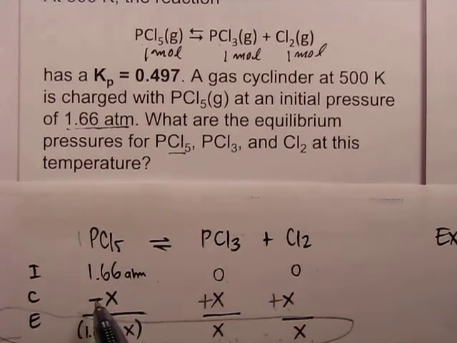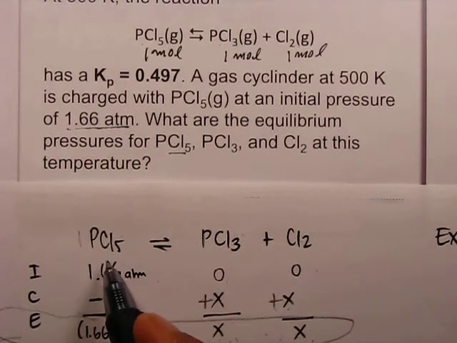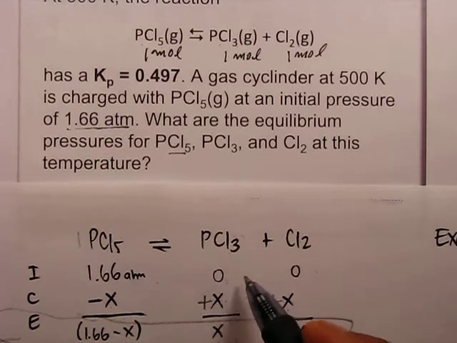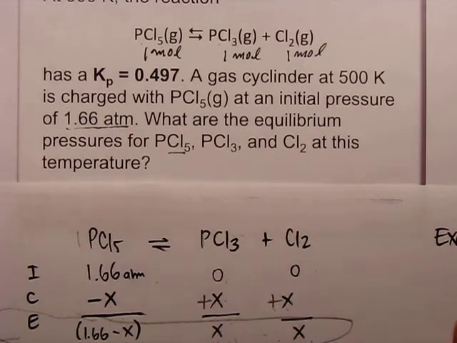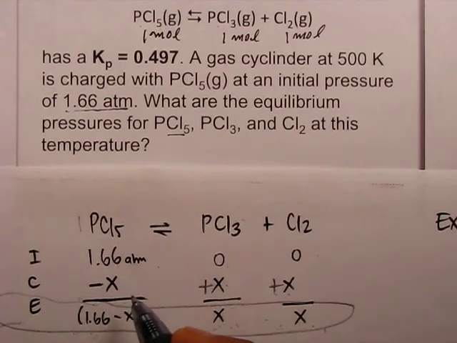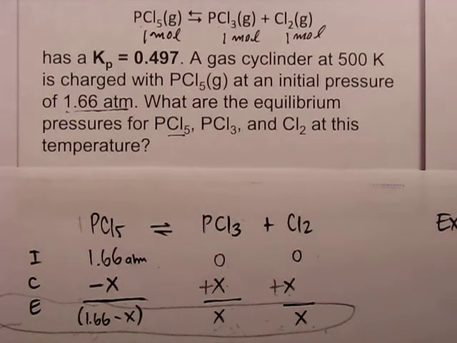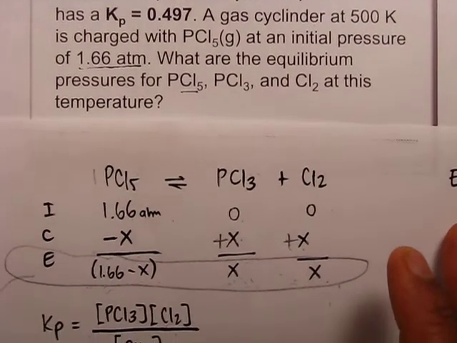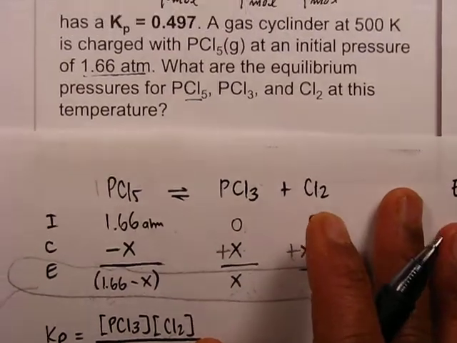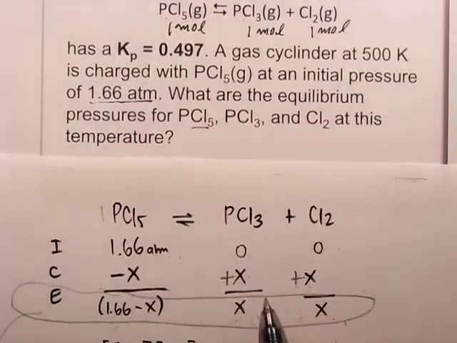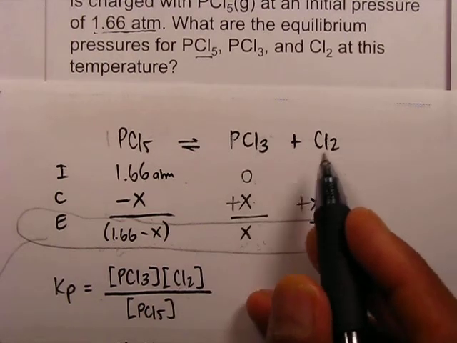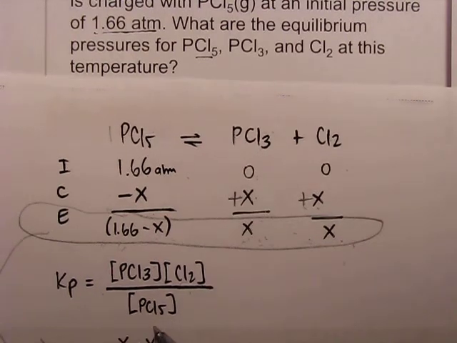So we subtract x from the initial concentration of the reactant, add x on the product side, and in equilibrium we add these together. Then we write the equation for Kp, which is given in the question. Kp is products over reactant: PCl3 and Cl2 divided by PCl5.